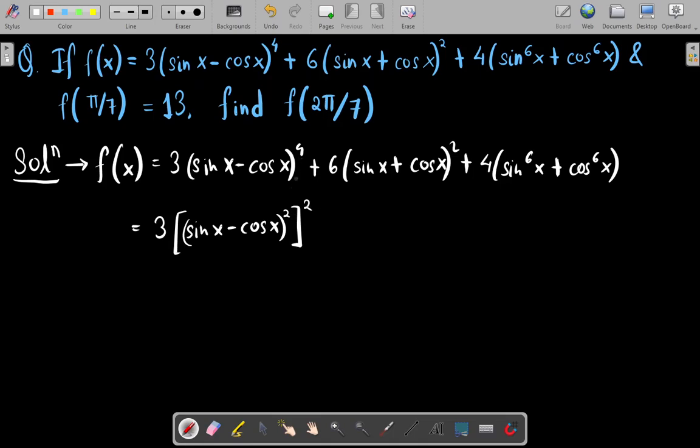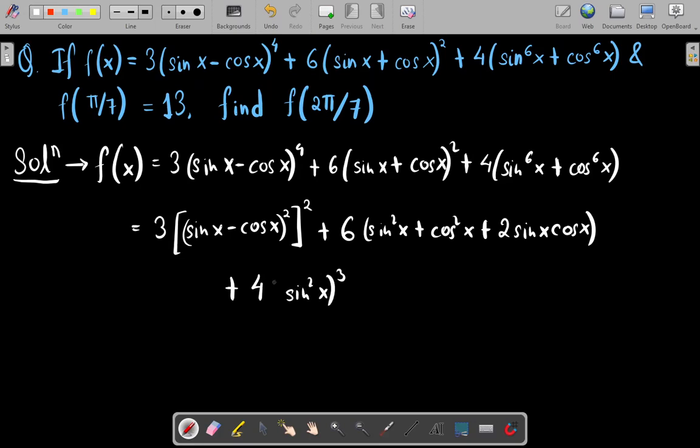This is raised to the power 4, so we can write it like this. Similarly, if we expand the whole square here, this becomes sin square x plus cos square x plus 2 sin x cos x. And for the last term, we can write it as (sin square x) whole cube plus (cos square x) whole cube.